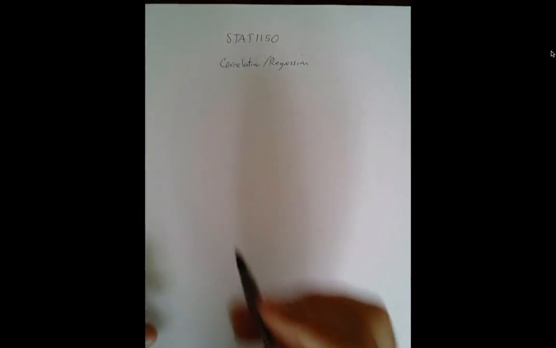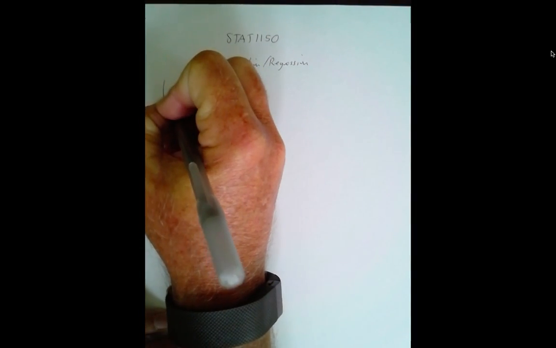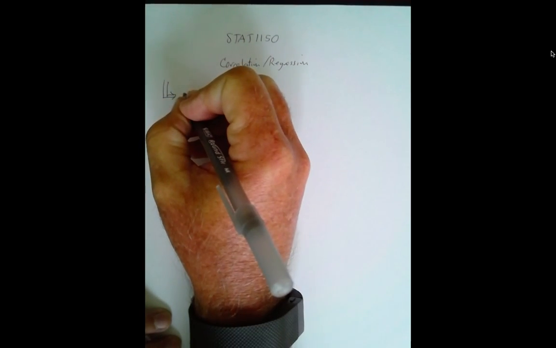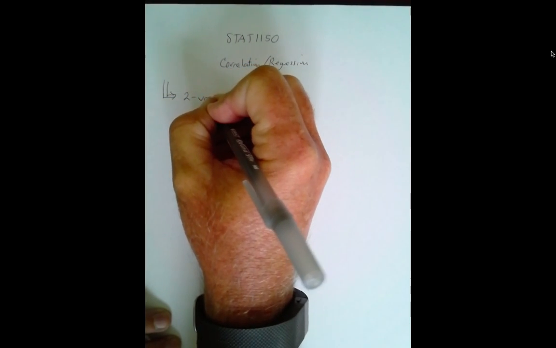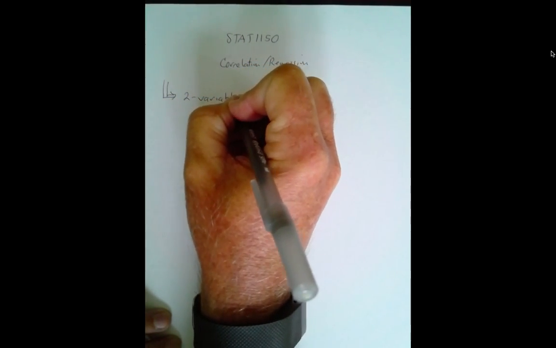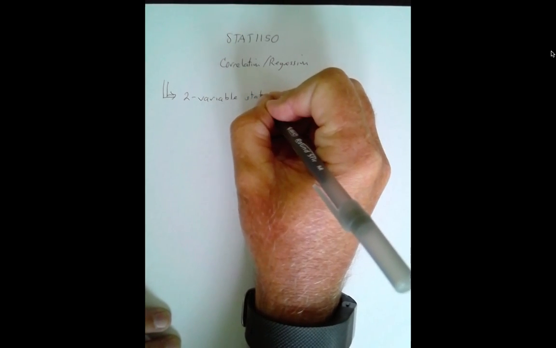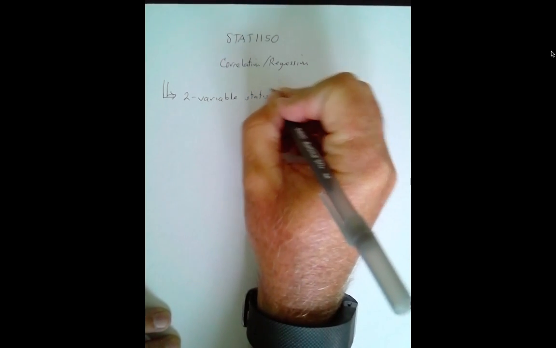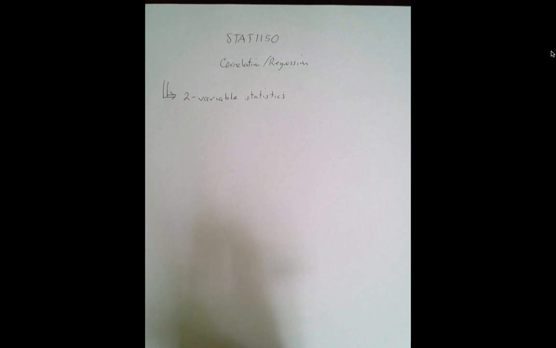Hey guys, Stat 1150, entering into what's called correlation and regression. At the end of the day, correlation and regression just begins what we call two-variable statistics. And I really feel that this two-variable statistics component of your class is probably the most applicable.